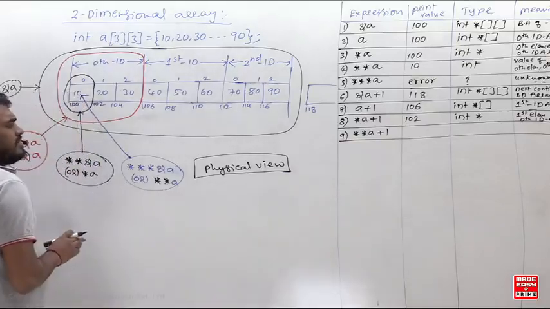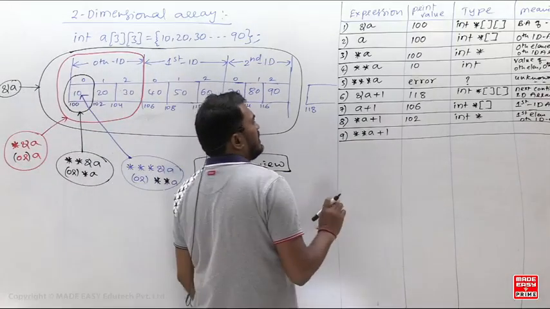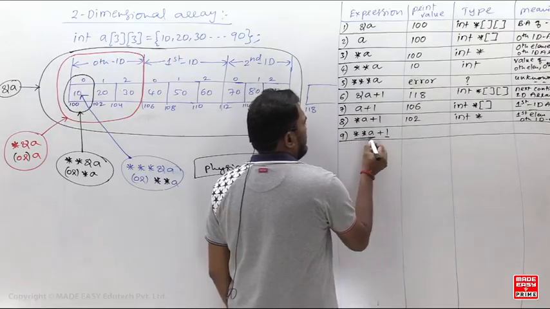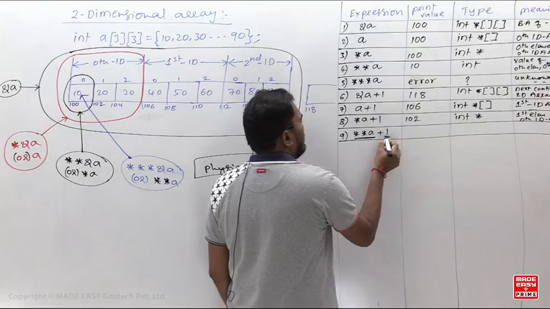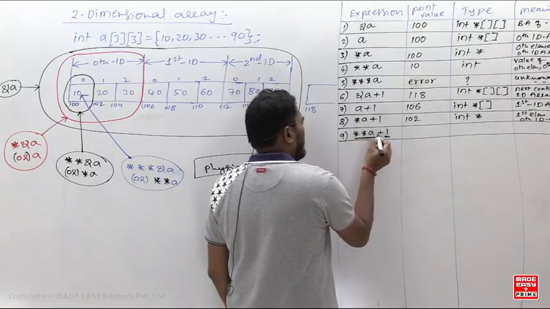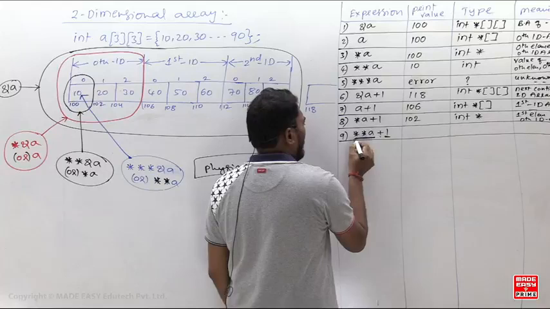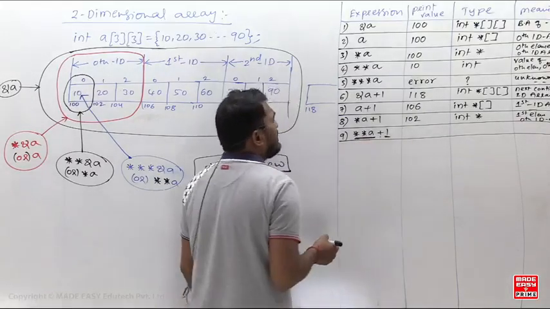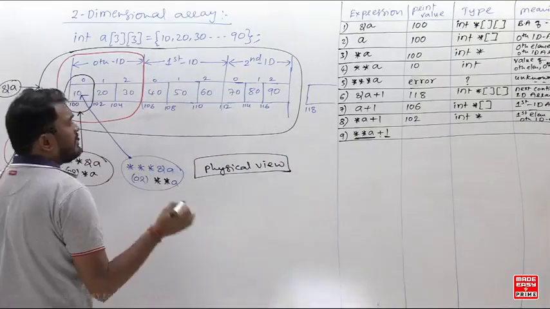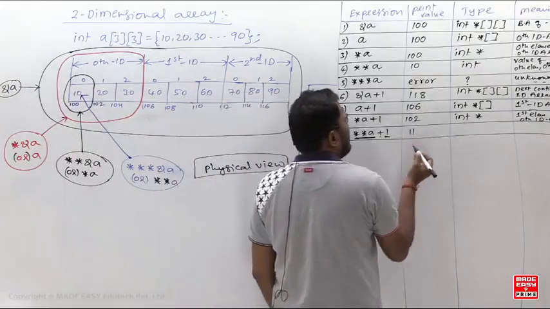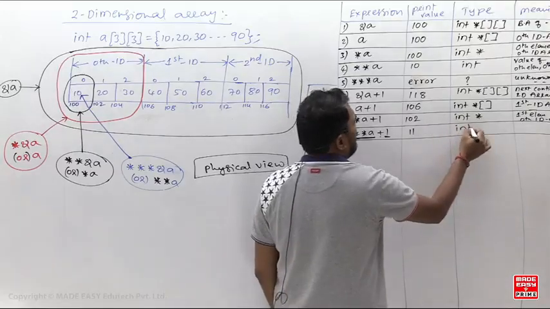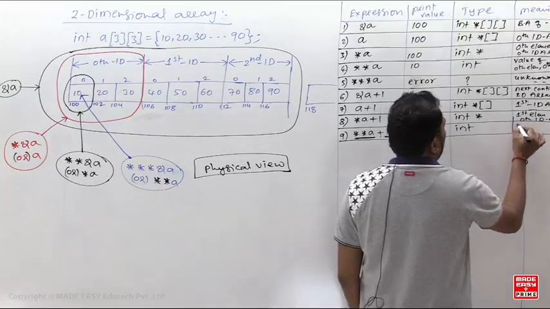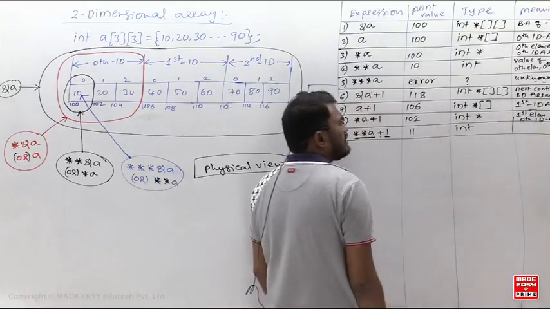In case anybody has doubt, first you have to do double star a, then plus 1. Why? Because these are unary operators and this is a binary operator. Unary operators have higher precedence than binary operators. So double star a is 10. 10 plus 1 will print 11. The type is integer. Meaning is just incrementing the value by 1, the 0th element.